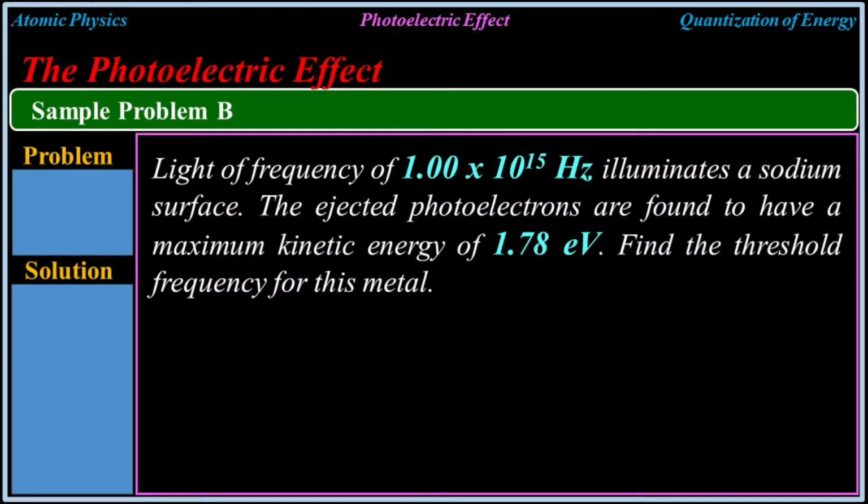Sample problem B. Light of frequency 1 times 10 to the 15th hertz illuminates a sodium surface. The ejected photoelectrons are found to have a maximum kinetic energy of 1.78 electron volts. Find the threshold frequency for this metal. I'm just going to run this through, and you can view it.